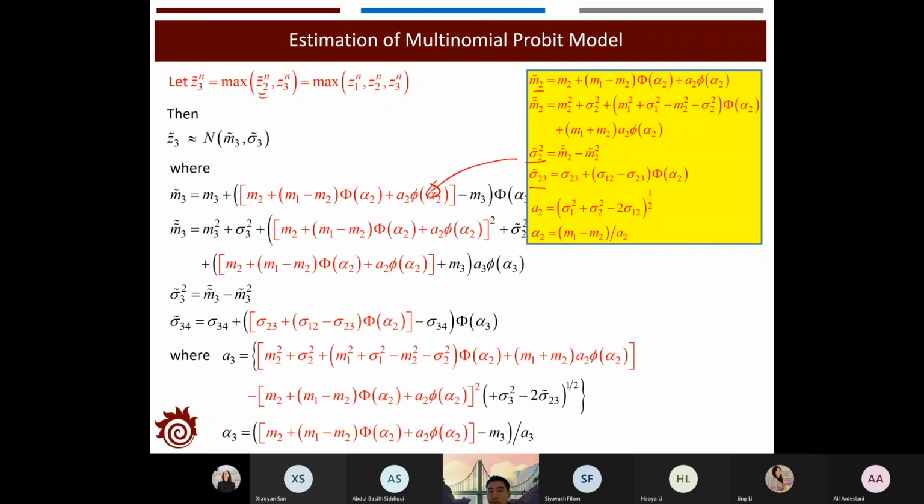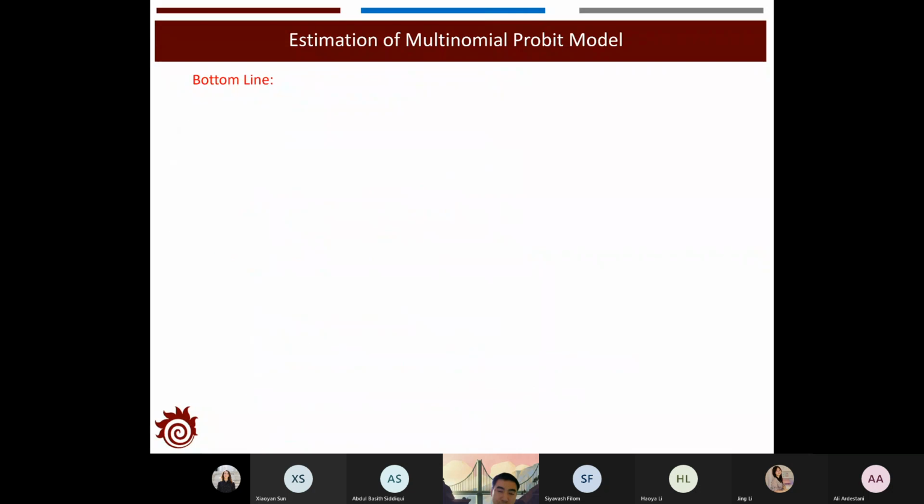And this iteration will be repeated again and again, until eventually you find out the distributions of omega i tilde and even omega j minus 1 tilde, the maximum value of j minus 1 random variables.